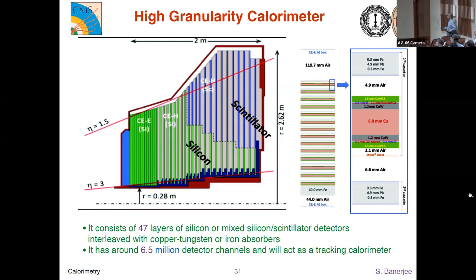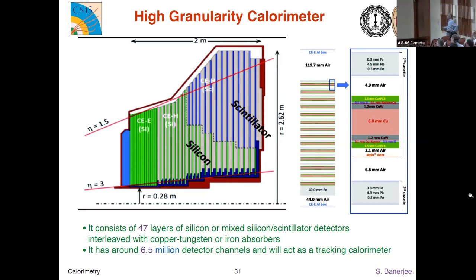It is called high granularity because we put in a large number of detection channels. We have about 6.5 million detector channels, which will also act as a tracking calorimeter. So it's not just a calorimeter, it's also a tracking device.